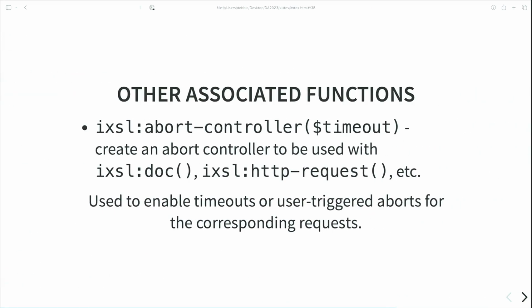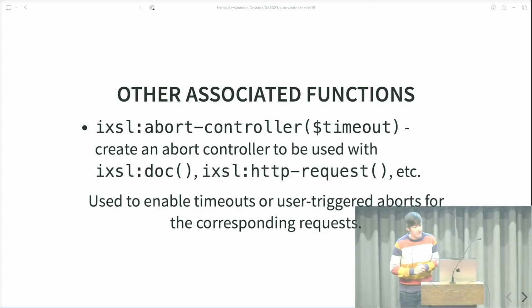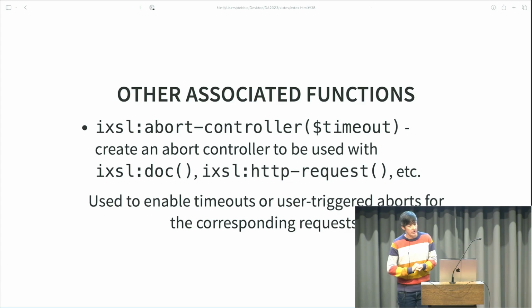There are some other associated functions also added to the IXSL namespace. So this one doesn't return a promise, it creates an abort controller object. So this is something that's used in the JavaScript fetch API and things. You provide an abort controller to be able to abort some asynchronous action. And we're then providing you a way to do that as well.